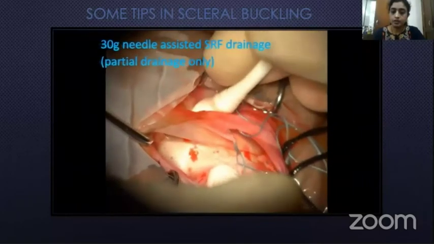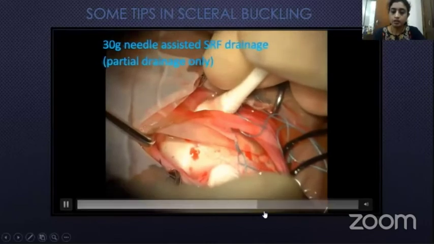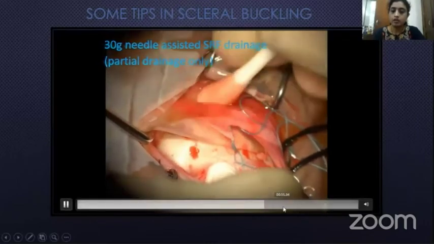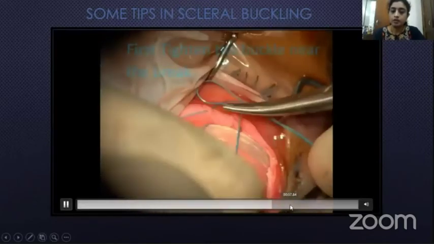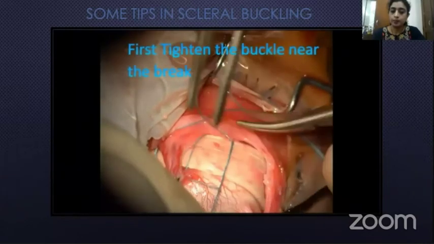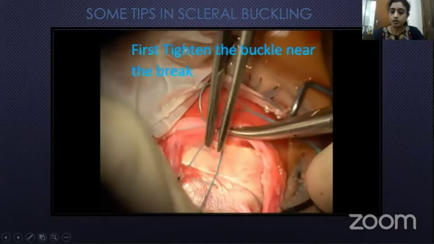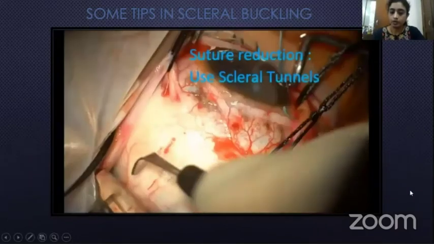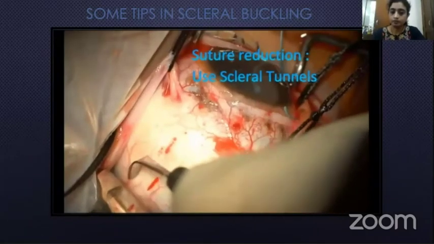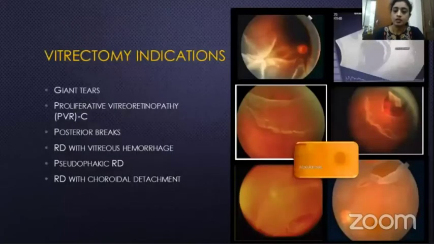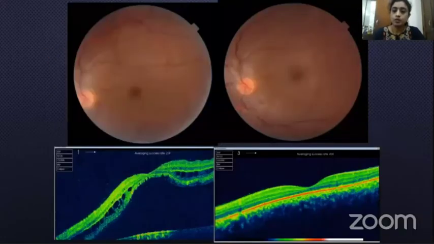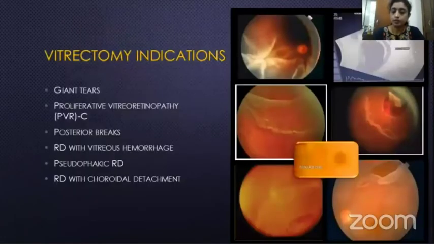After complete drainage, we can increase the indent of the buckle and finalize the sutures. And these are the pre and post pictures of the buckling procedure.